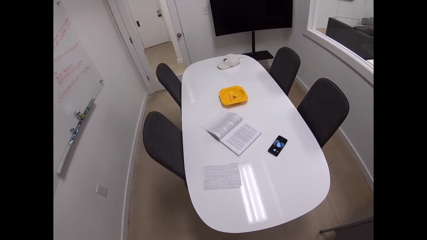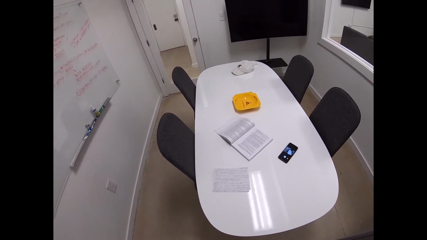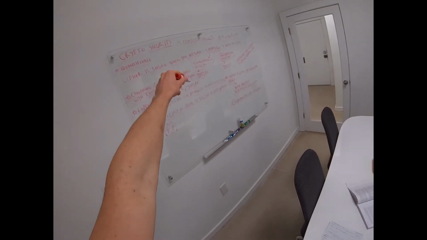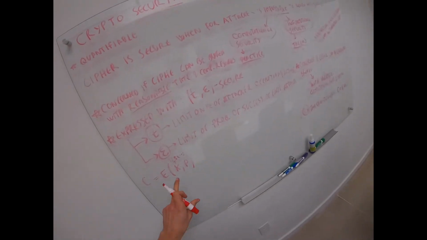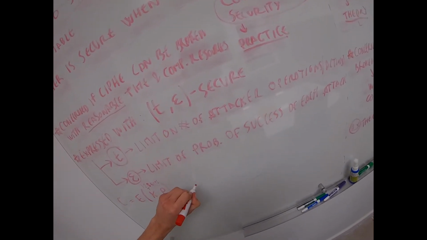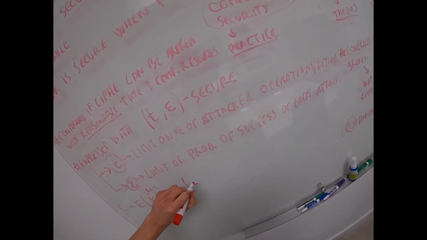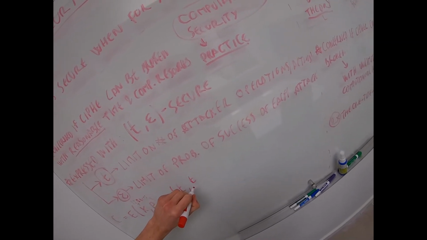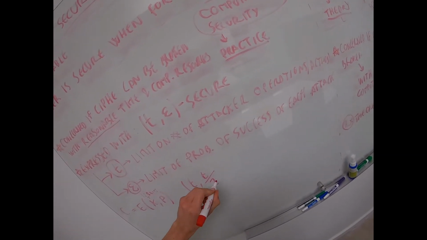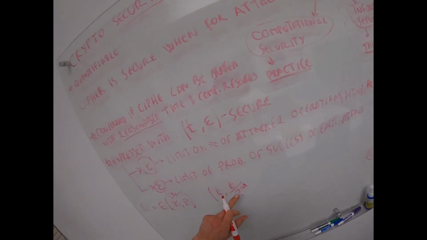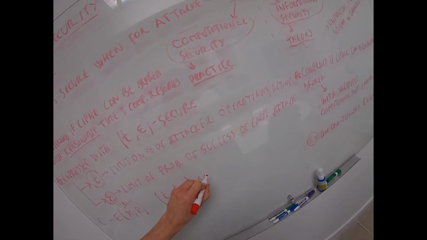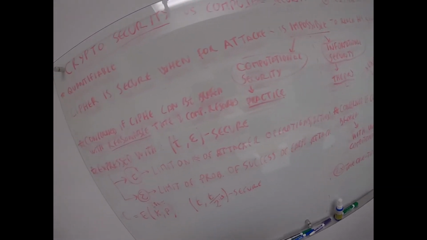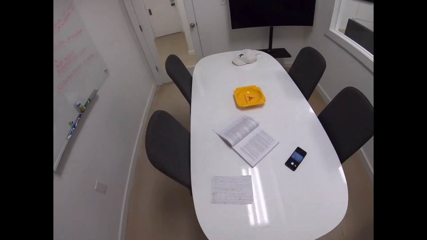According to this definition of computational security, since the key is 128 bits, we say that this is (t, 1 over 2 to the 128)-secure, where 1 over 2 to the 128 is the value of epsilon.